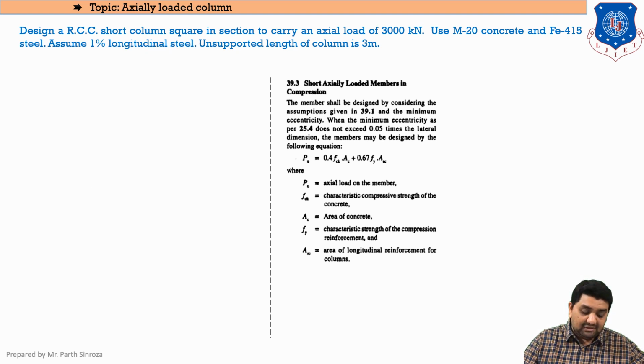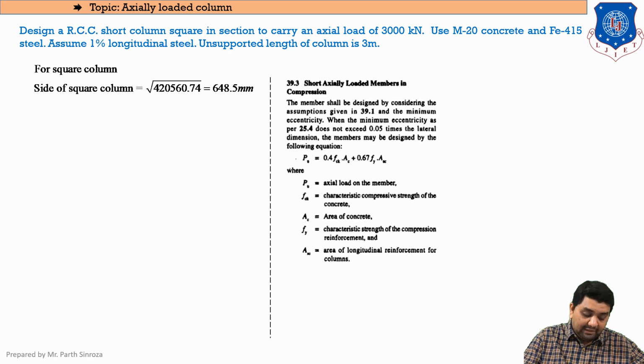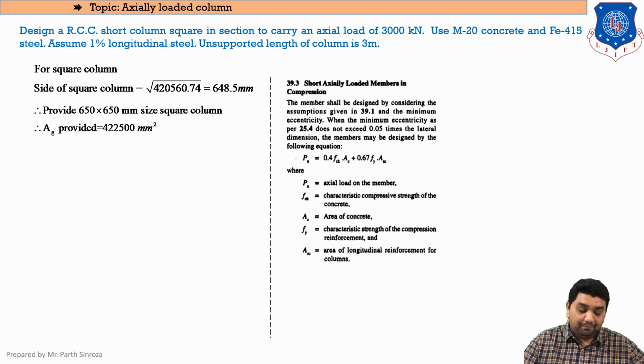As it is a square column, the side will be the square root of the answer that we have obtained, and the value comes out to be 648.5. Now rounding it off to the next higher value, it will be 650. So we will be providing a square of size 650 cross 650, and this will be our AG provided, that is 650 into 650.